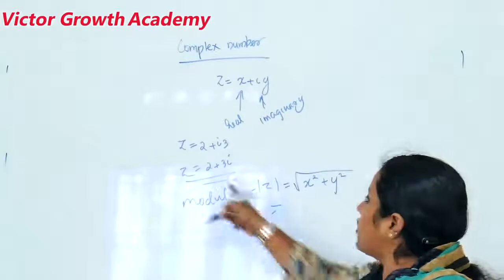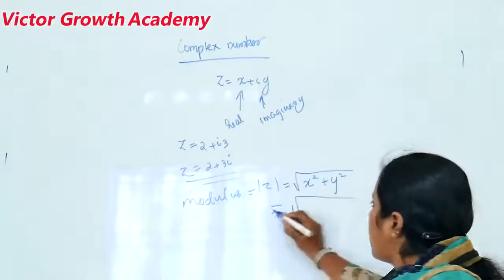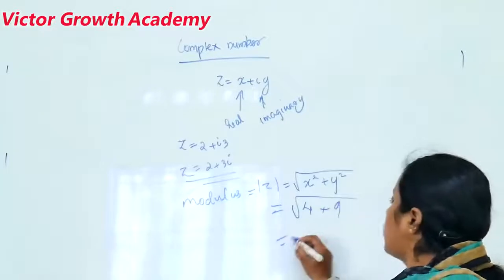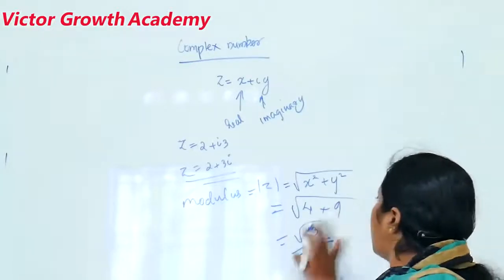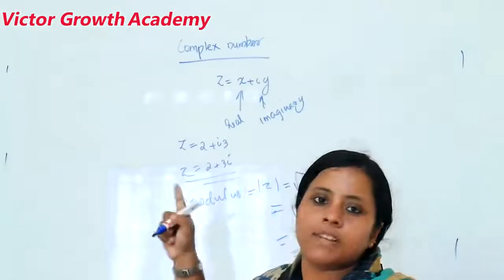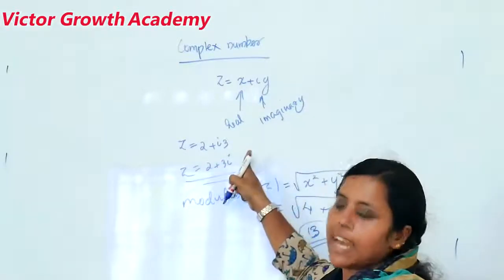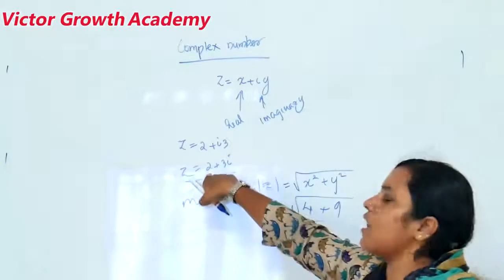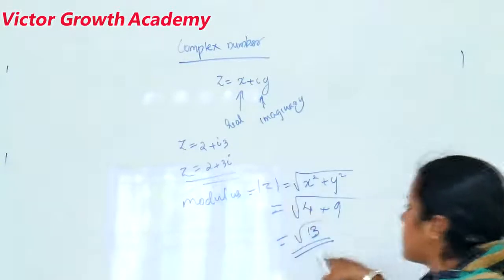For this example, it is the root of 2 square, that is 4, plus 3 square, that is 9, so root 13. The complex number is 2 + 3i and its modulus is the root of x square plus y square, here 4 + 9, that is root 13.